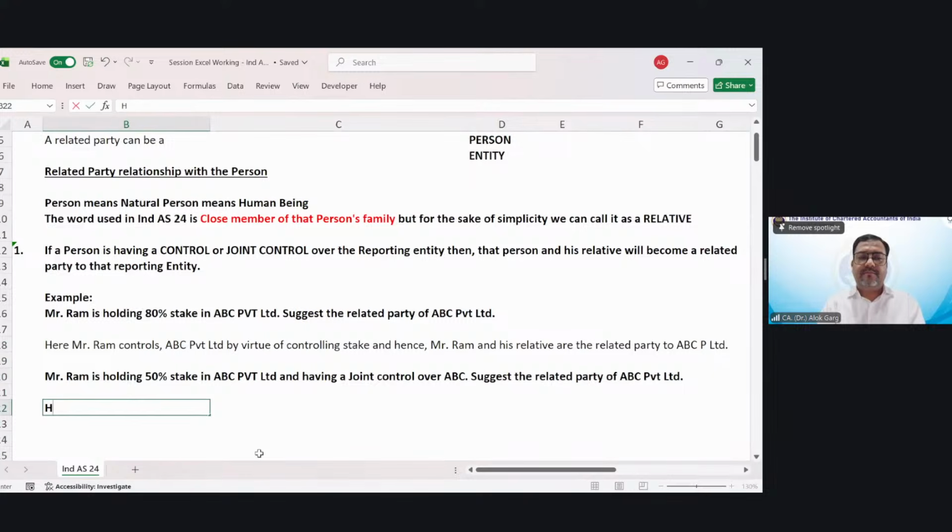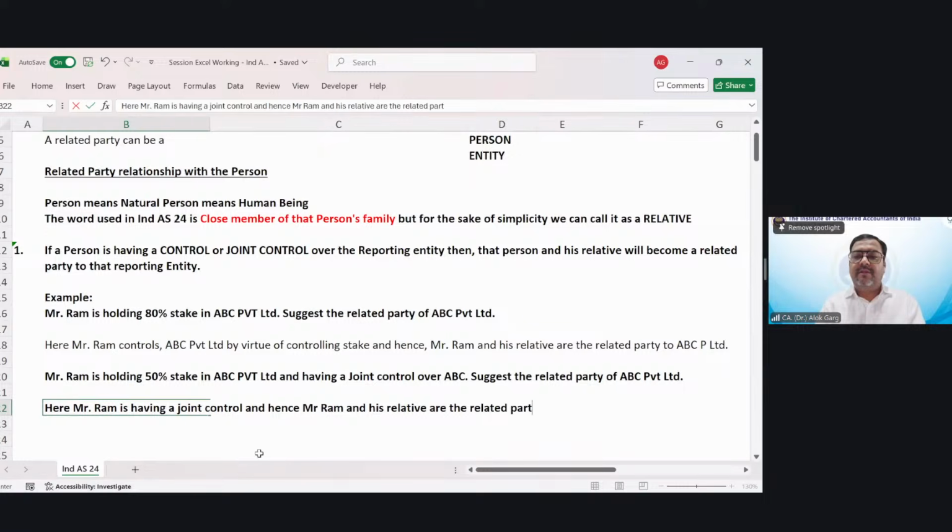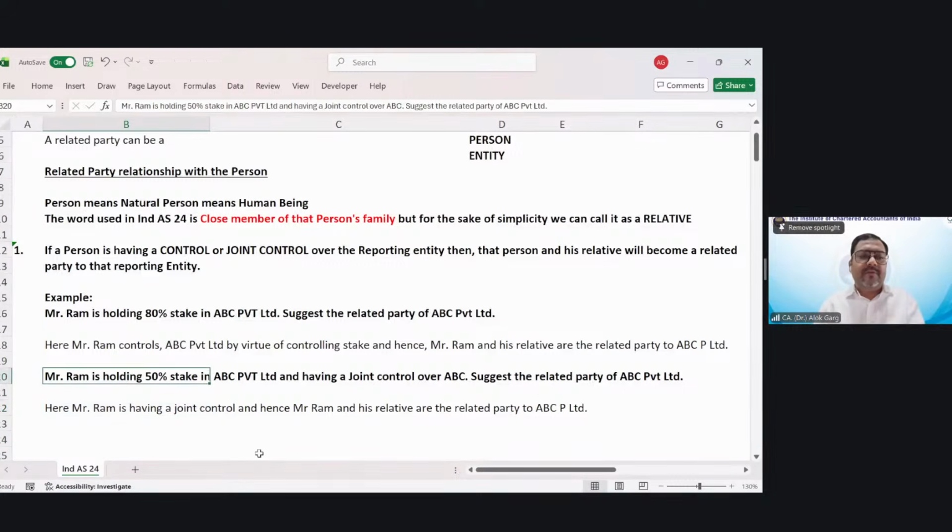So here Mr. Ram is having a joint control, and hence Mr. Ram and his relative are the related party to ABC Private Limited.